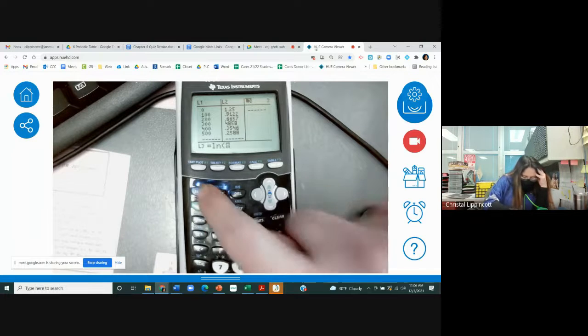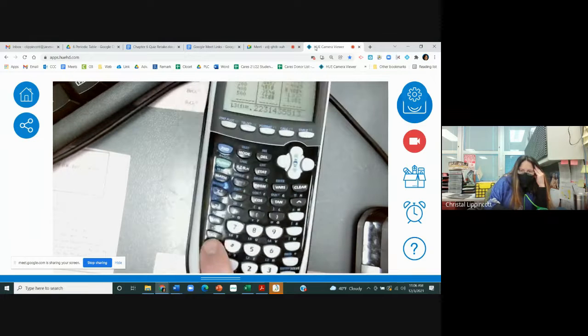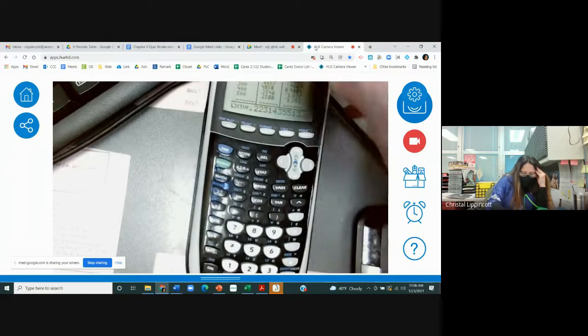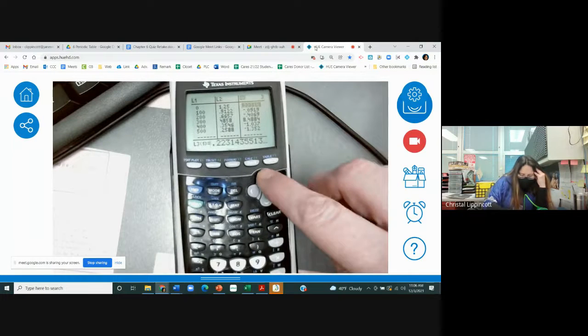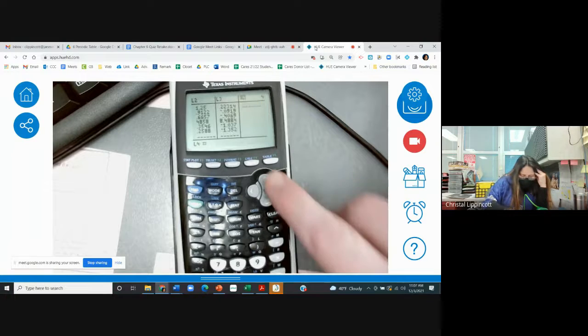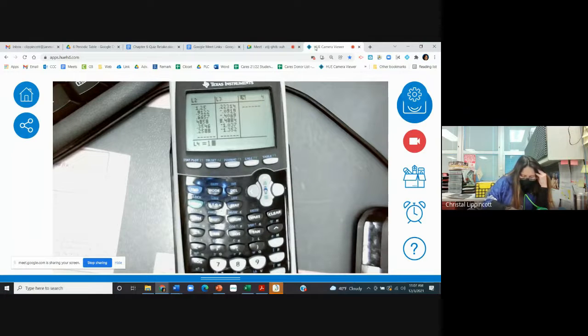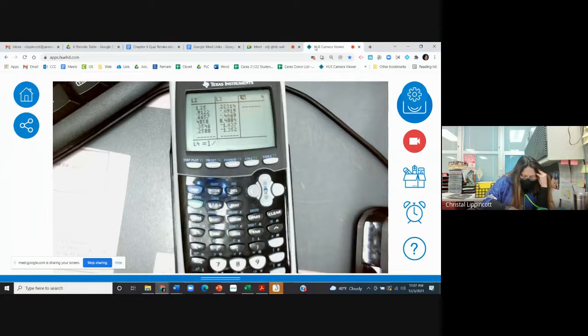So I'm going to go second, list 2, parentheses, enter. Natural log is right here. It says LN. It's right next to the 4. And then I'm going to go up to my list 4. I'm going to clear that and start it over. I'm going to do 1 divided by my list 2 and hit enter.